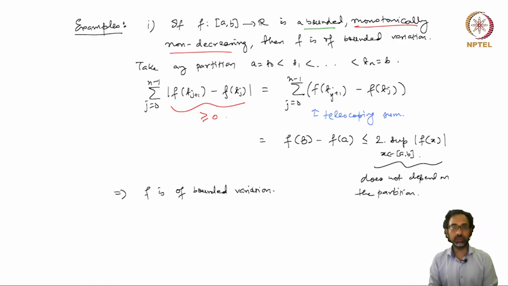So this is our first example, and we will see that in some sense all bounded variation functions can be described using monotonically non-decreasing functions.